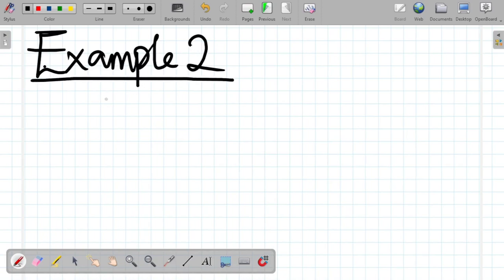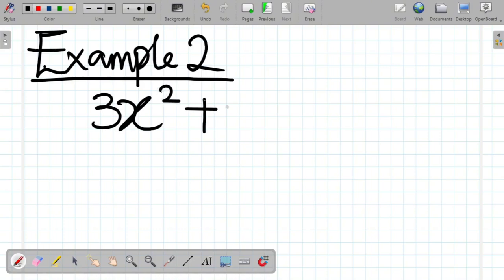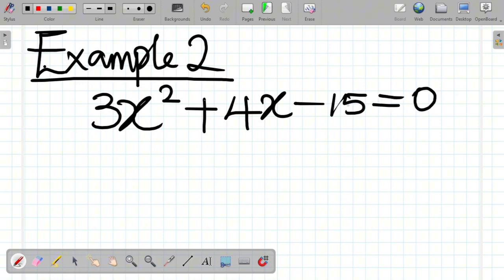Example 2. Solve 3x squared plus 4x minus 15 equal to 0 using formula method.